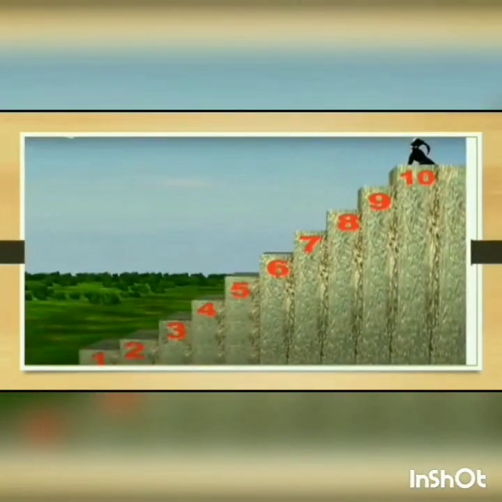What can you see in this picture? I can see some numbers written on the stairs and a dog. In this picture, we are seeing that the dog is climbing from 10 to 1. So that means the dog is climbing from the biggest number to the smallest number.